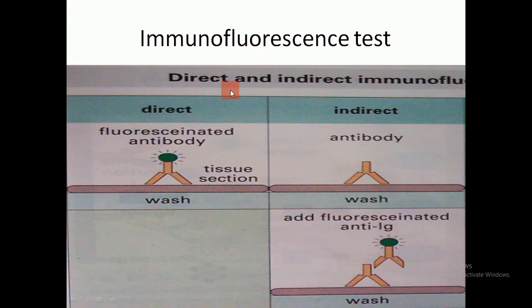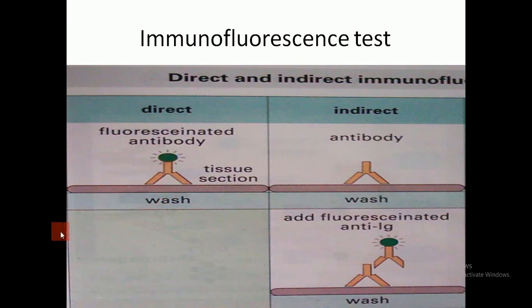It is of two types, direct and indirect method. In the direct method, we use tissue from the patient, like a skin biopsy or renal biopsy, that contains the antigen in the skin or in the glomeruli of the kidney.